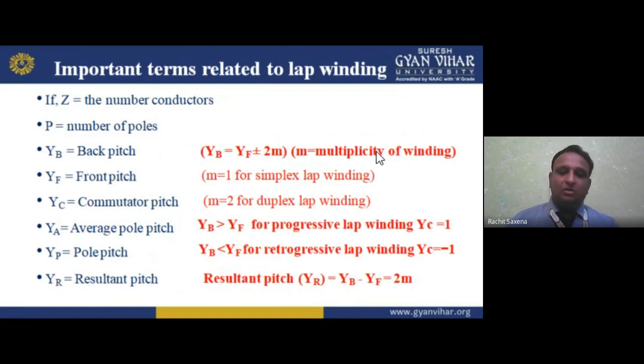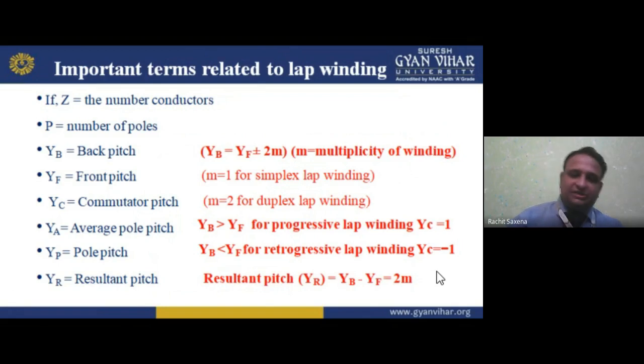Now the resultant pitch. Resultant pitch is YB minus YF, the difference of front pitch and back pitch, which equals 2M, that is, 2 times the multiplicity of winding.